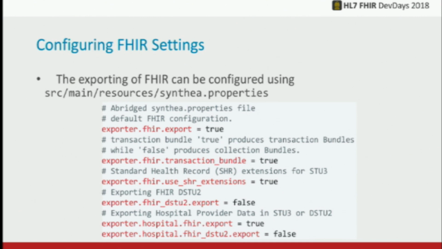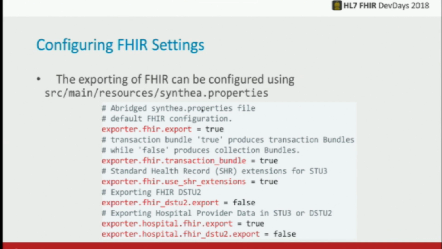So for FHIR, there's also some configuration settings. You can actually export right now STU3 and DSTU2. We will move to R4, but we have not done that yet. By default, the FHIR exports as STU3, and you can see that the exporter for FHIR is set to true.